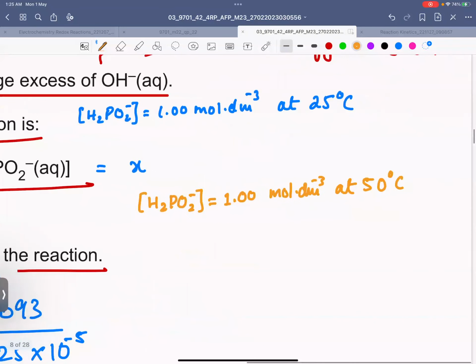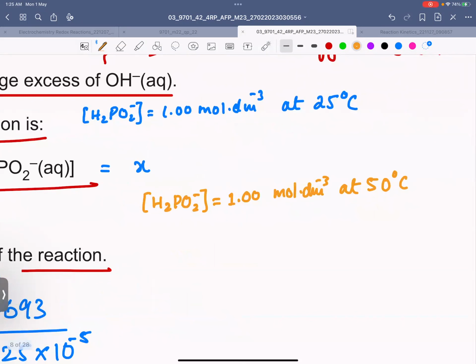So what would happen to the rate? Sir, rate of reaction will increase, by a factor of 2, because temperature is increasing so the kinetic energy of the particles is higher.